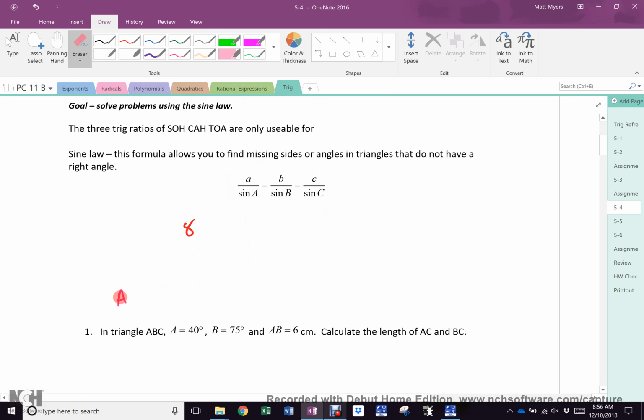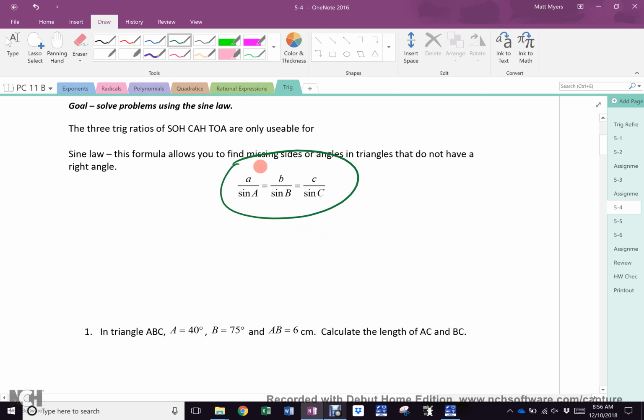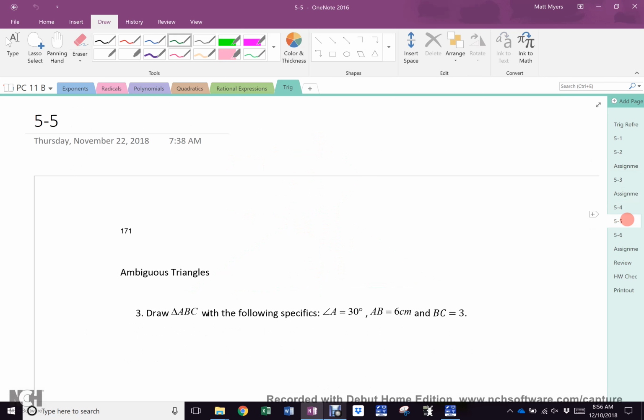Now, I know if you were in my grade 10 class, you got questions like this. And I said, how do you find the missing side when there is no 90? And most everybody recognizes you got to cut it in half and make a 90. Once you cut it in half and make 90s, this is only one step away from that. Everybody cool? Okay. Let us move on then, cabbages, to page 171.